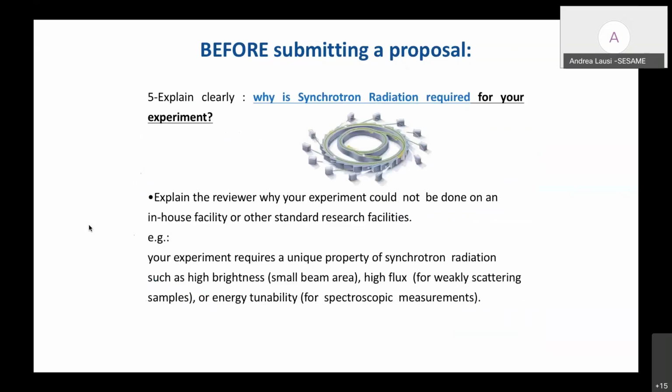If you submit a proposal which is lacking in details about why you need a synchrotron radiation beamline to do the job, why can't you do it in a laboratory, it is weak. It is very weak. This is a very important point.